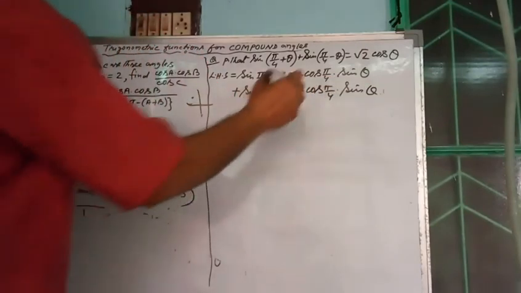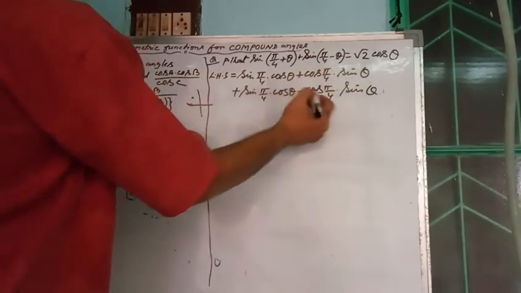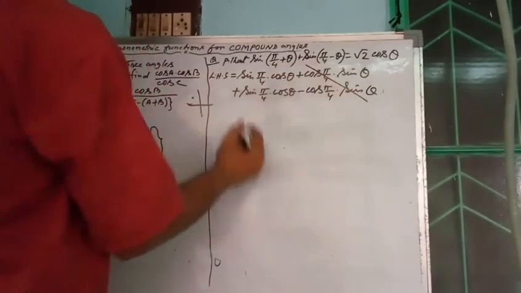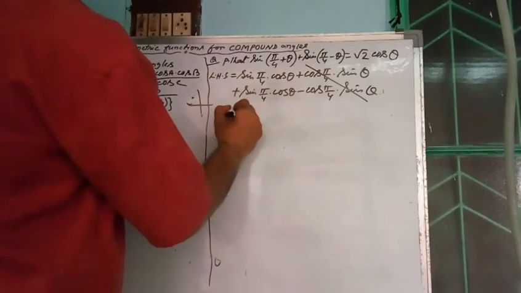Now see, this plus cos pi by 4 sin theta and minus cos pi by 4 sin theta get cancelled.